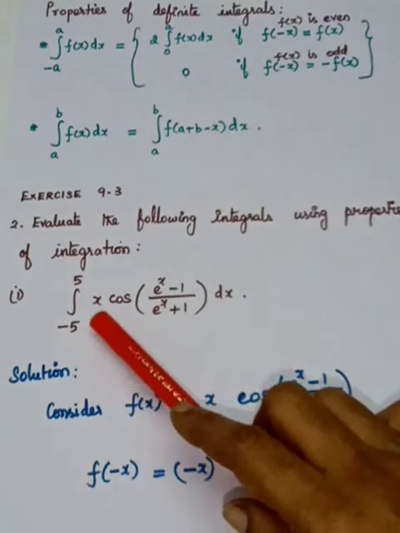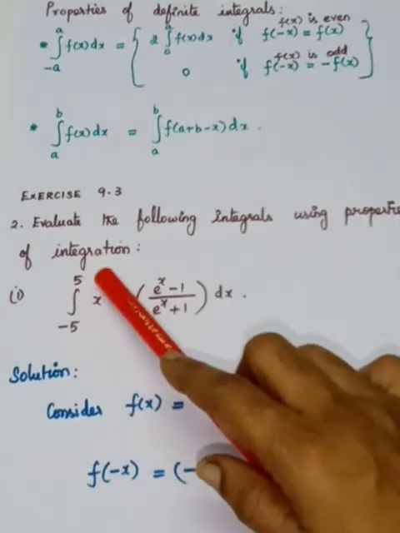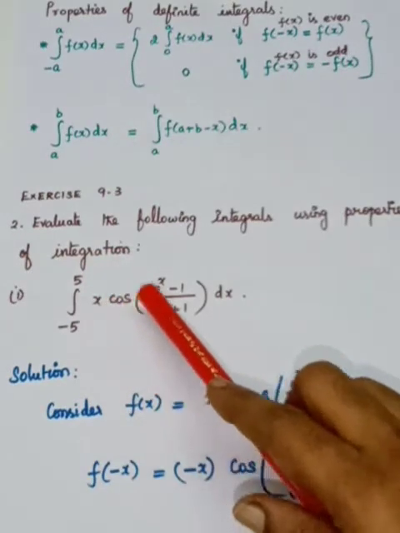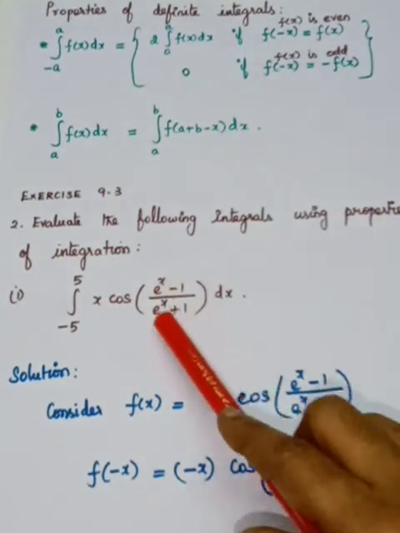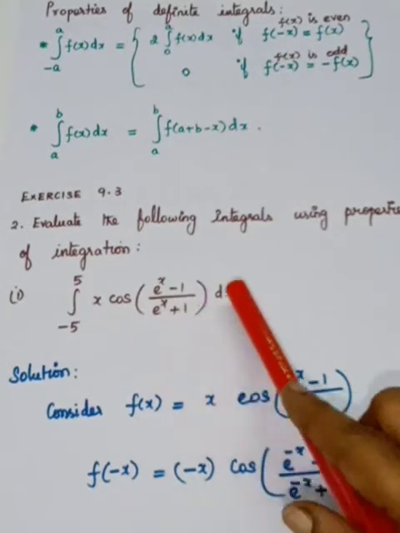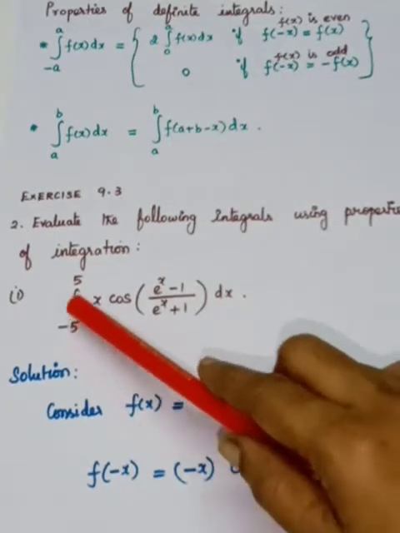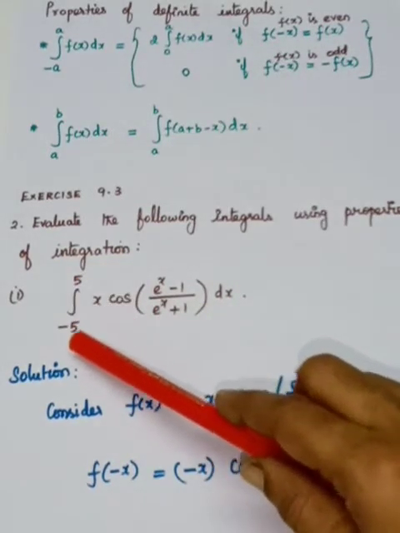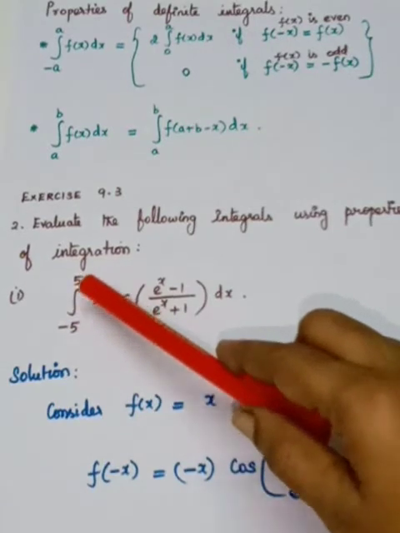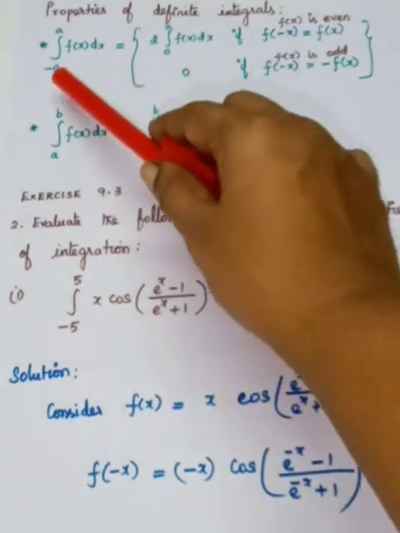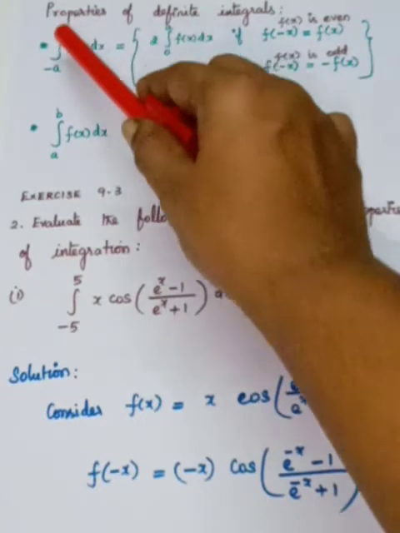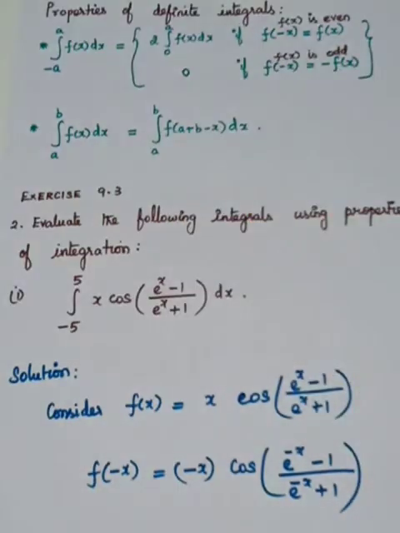See that, the integral from minus 5 to 5 of x cos of (e power x minus 1) divided by (e power x plus 1) into dx. So you have to see the limits. See that minus 5 to plus 5. So it is in the form of integral from minus a to a of f of x dx.